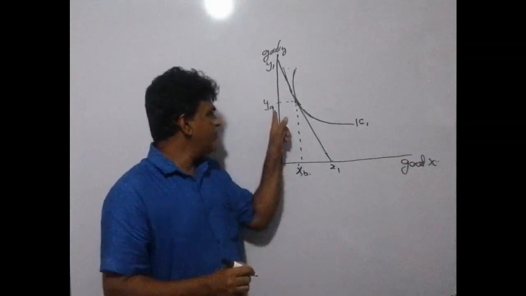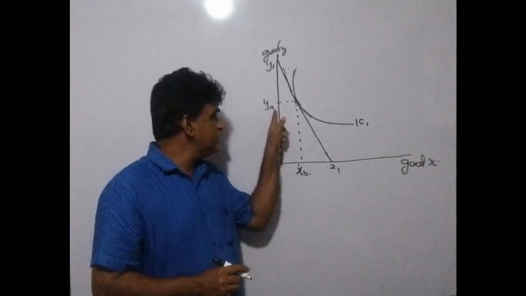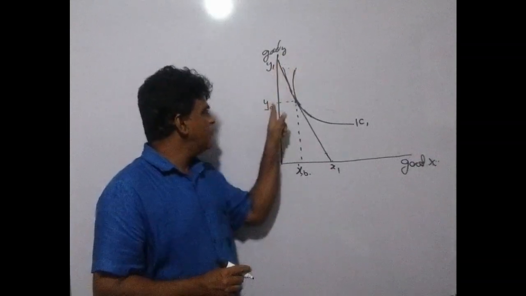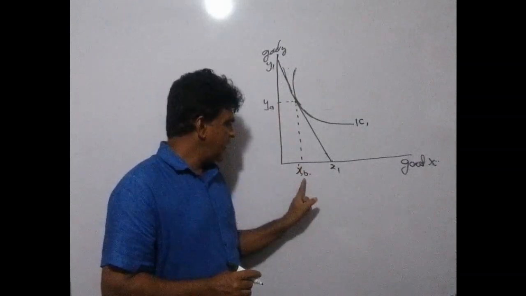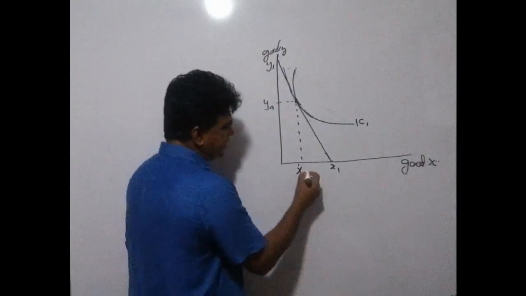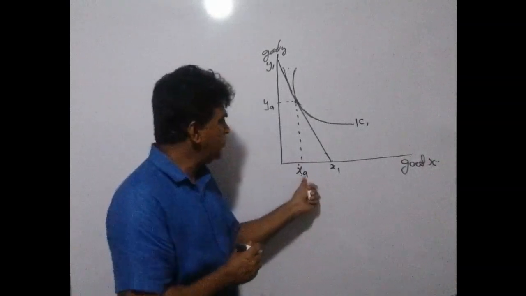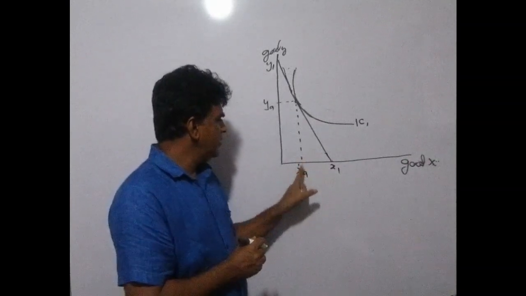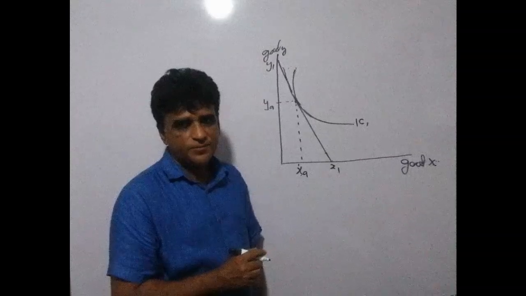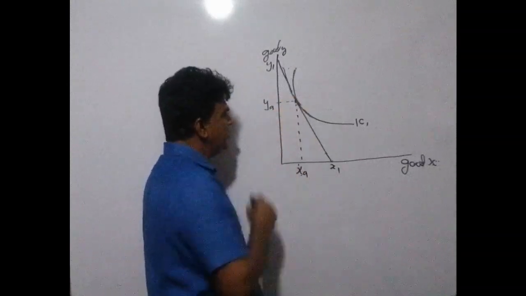This is the number of goods this consumer is consuming of good Y, that is YA. We'll say this is XA. XA is the number of goods this consumer is consuming from good X. Now the consumer is in equilibrium.